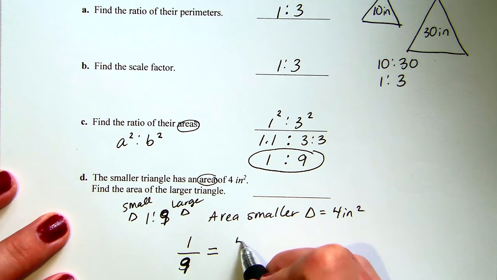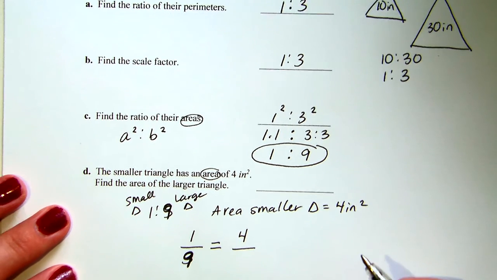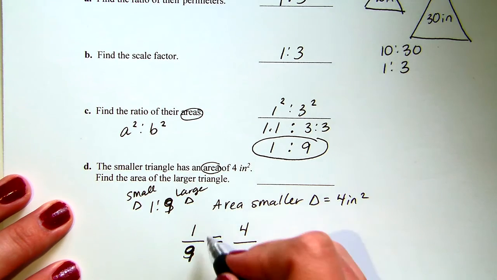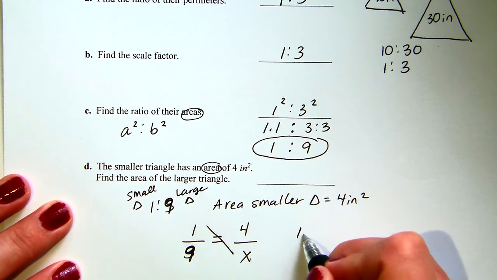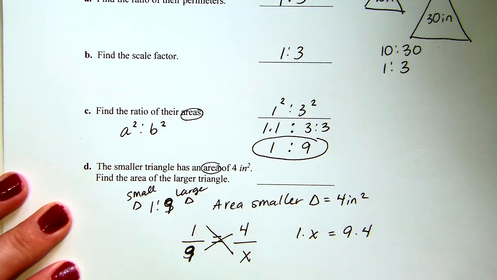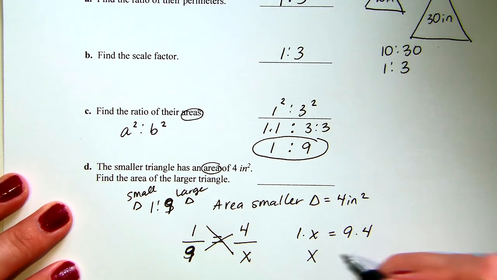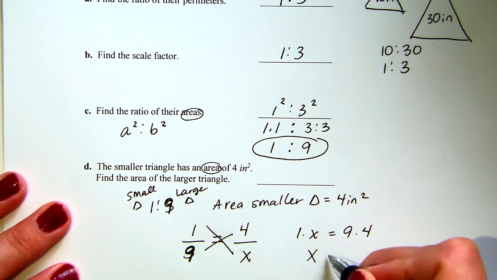Here, I'm now going to cross multiply. So I'm going to go 1 times x, and then I'm going to go 9 times 4. 1 times x is just x, because it's implied that by having an x here, we have one of them. And then 9 times 4 is 36. So that tells us that the area of the larger triangle is going to be 36 something.